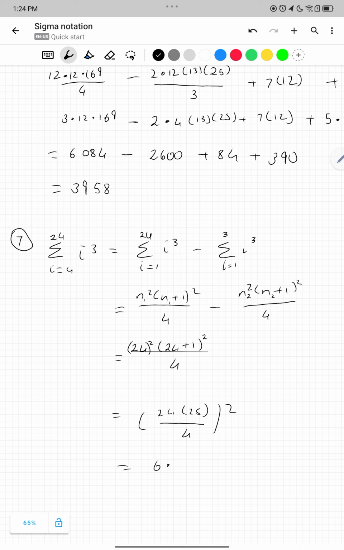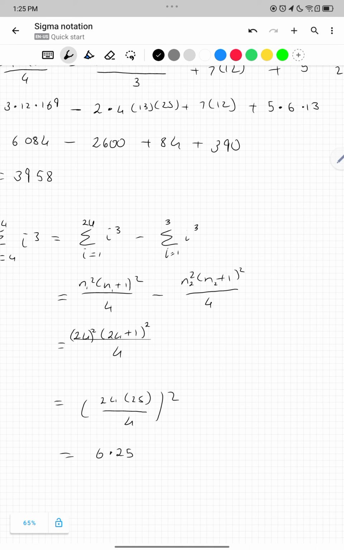Which is equal to 6 times 25 minus 3 all squared over 4 all squared divided by 4, which is 9 times 4.